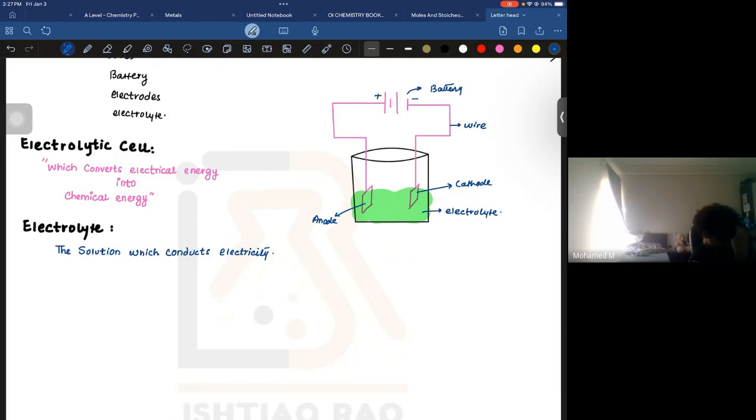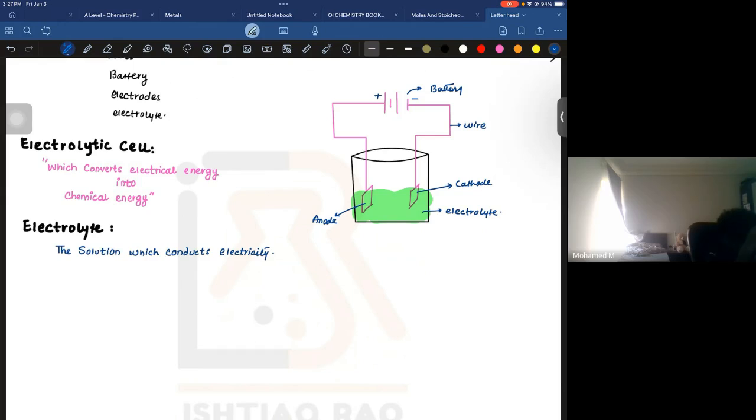There is a difference between the conductivity of a solution and of a metal. Suppose we have a lot of metals: sodium, magnesium, silver, copper, iron, gold. They are all good conductors of electricity due to the movement of free electrons.